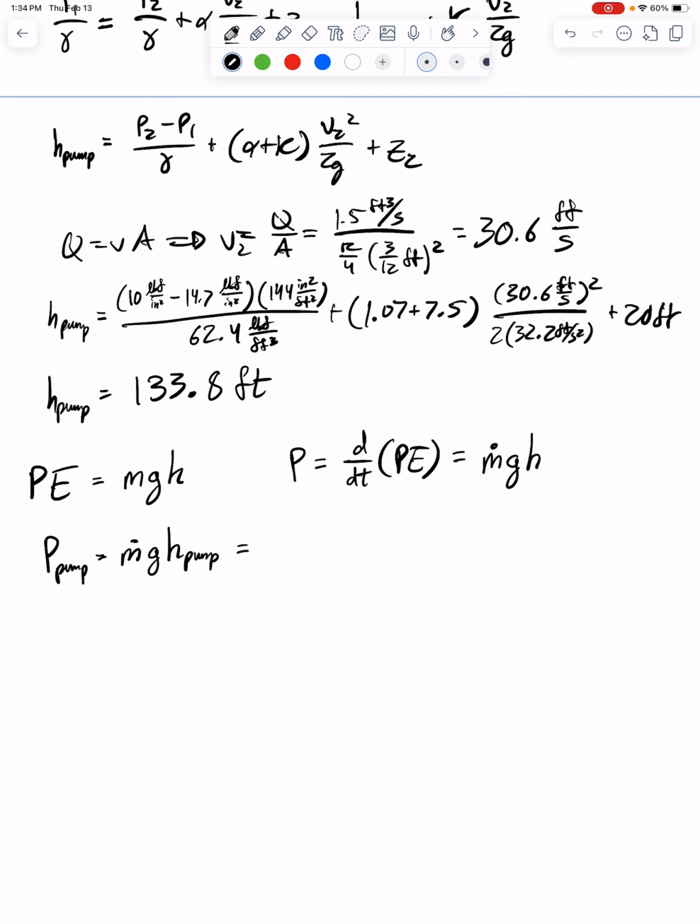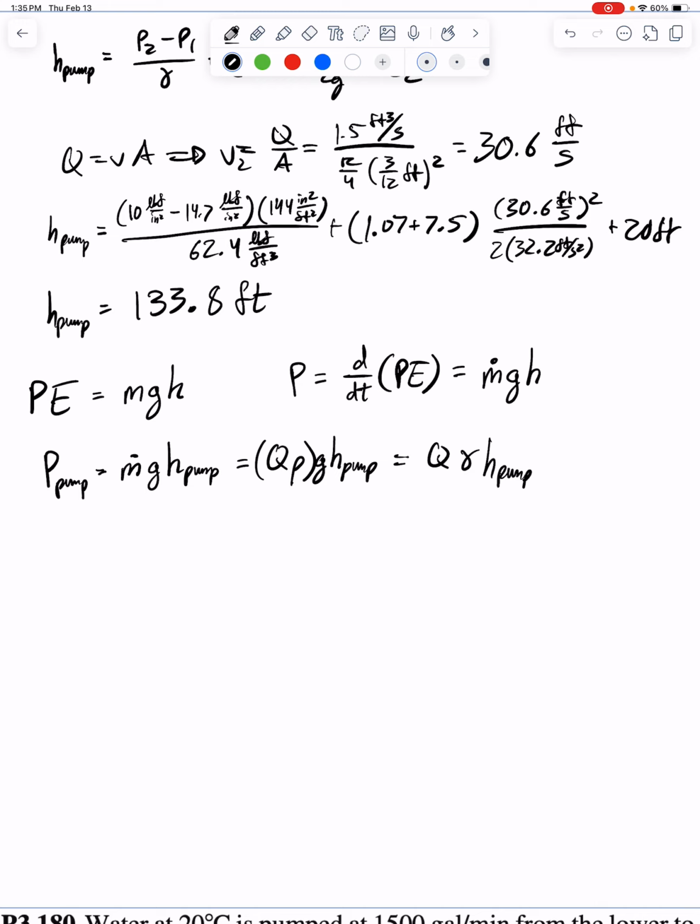Mass flow rate is rho Q, volumetric flow rate times density, so rho Q g times H pump. But rho g together gives you specific weight. So it's volumetric flow rate times specific weight times the fluid head column of the pump. That's the equation for power, and this also applies to turbines as well.